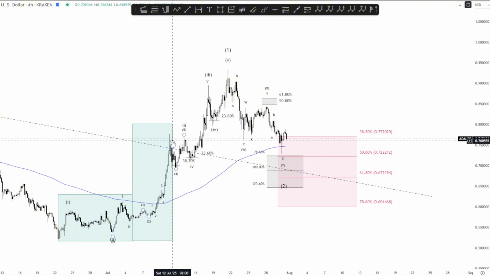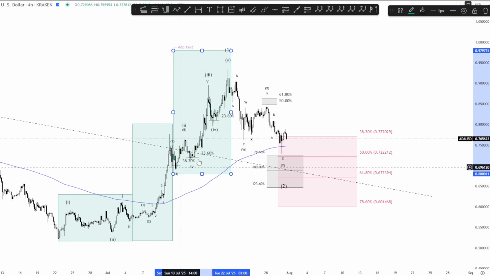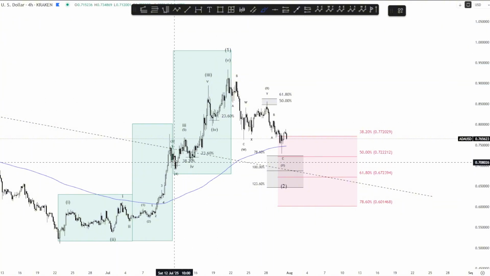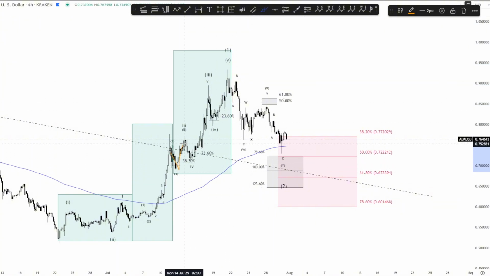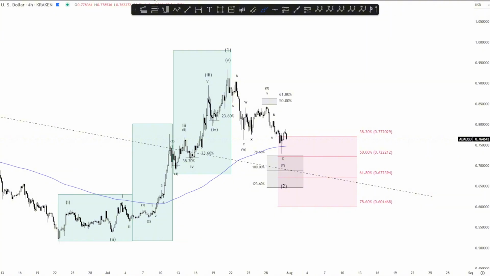This is where the third wave of the third wave gets completed. And once this part is done, you go into the final part, which is a sequence of 4, 5, 4, 5, 4, 5. And that's it. It's a beautiful nested impulse.